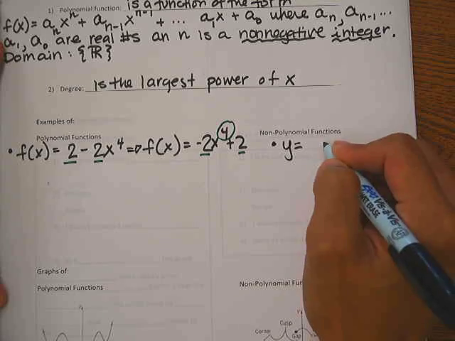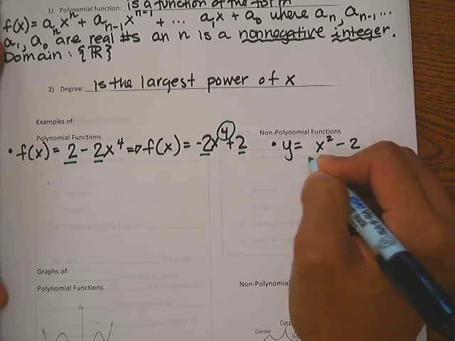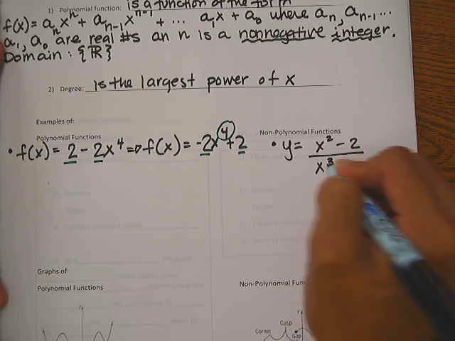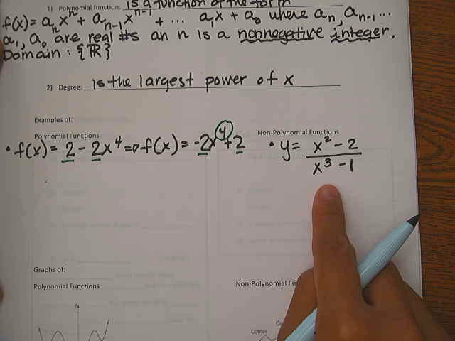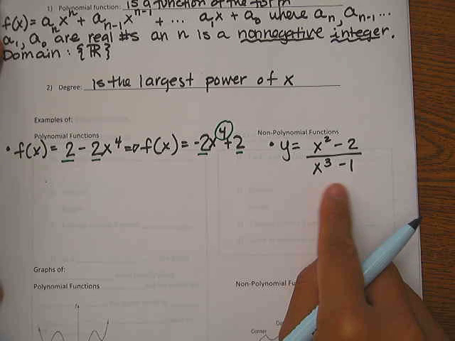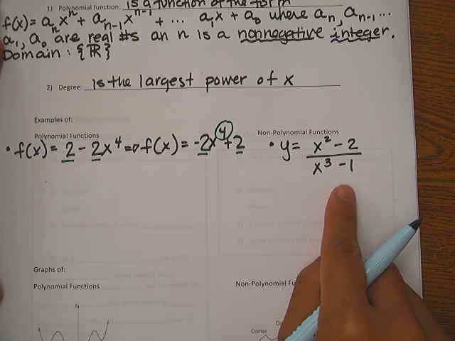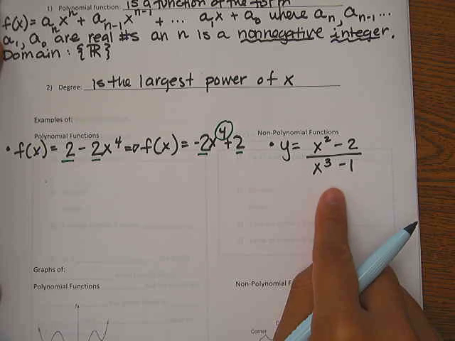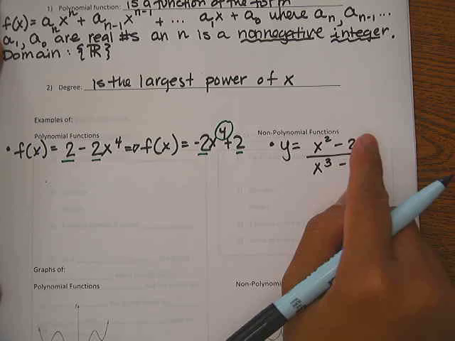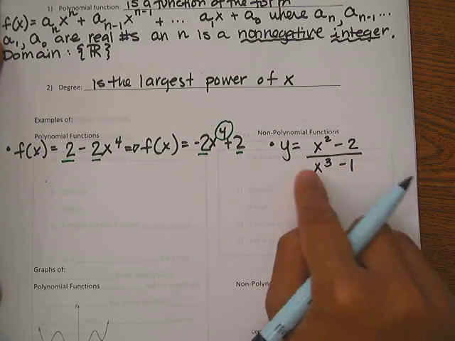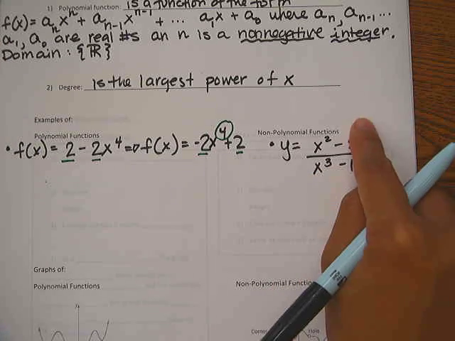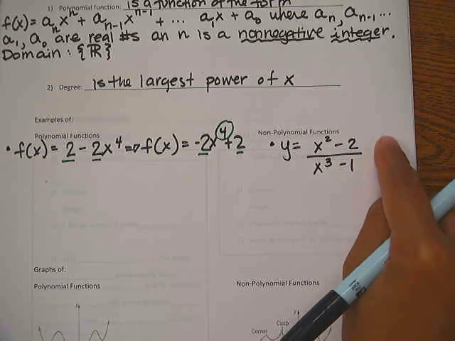Let me give you a non-polynomial function. y equals x squared minus 2 all over x to the third minus 1. Okay, this is a non-polynomial. The reason that this is a non-polynomial is because, if I were to write this right here on the top, I would have a negative exponent on the top, right?